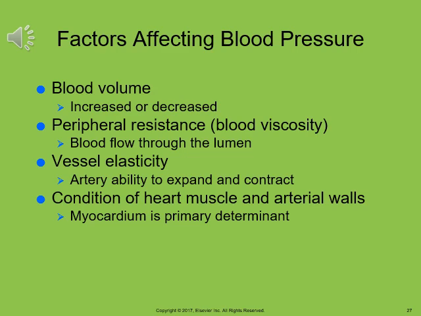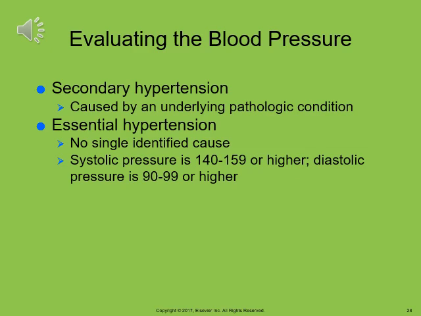If the myocardium becomes weak, pressure in the vessels begins to increase in an attempt to maintain an adequate level of circulating blood to meet the oxygen and nutrient needs of the body. Temporary hypertension may occur with stress, pain, exercise, and exhaustion.